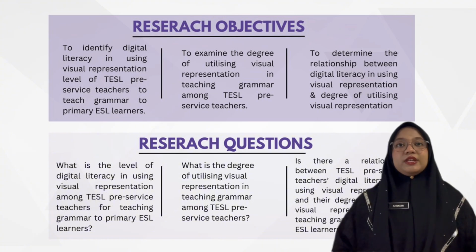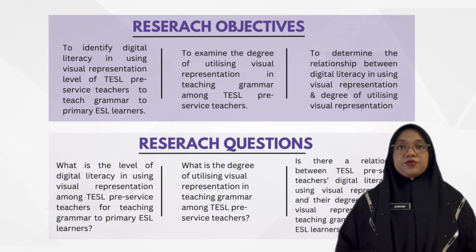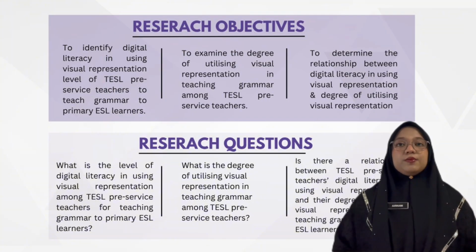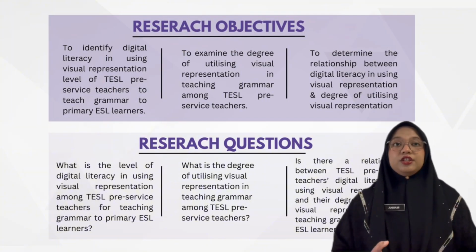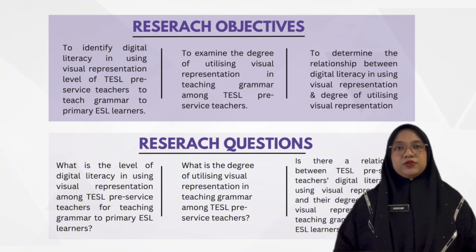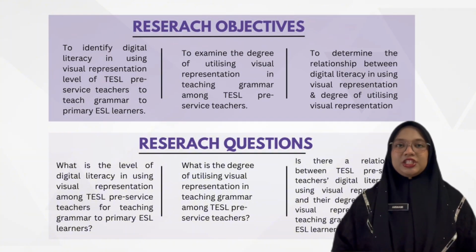Second, to examine the degree of utilizing visual representation in teaching grammar among TESL pre-service teachers. And last, to determine the relationship between digital literacy in using visual representation and the degree of utilizing visual representation in teaching grammar to ESL primary learners.